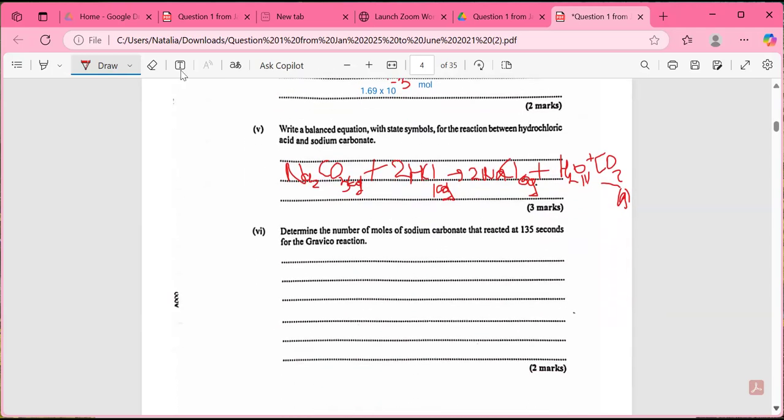So the mole ratio is 1 mole of sodium carbonate to 1 mole of CO2. Start with the known first. So let me rearrange this. So we know that 1 mole of CO2.